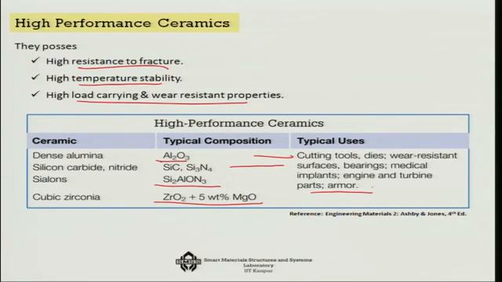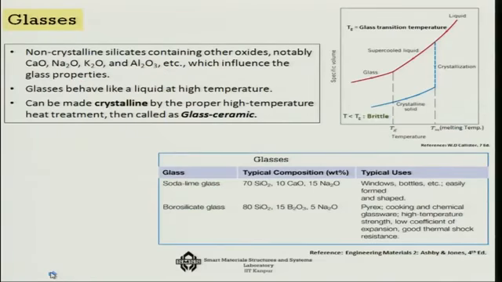Then there is processing, and you make the green sample, finally you burn it and you get the sample which you use. All these processes make it very expensive, as well as yield very high performance parameters for the ceramics.